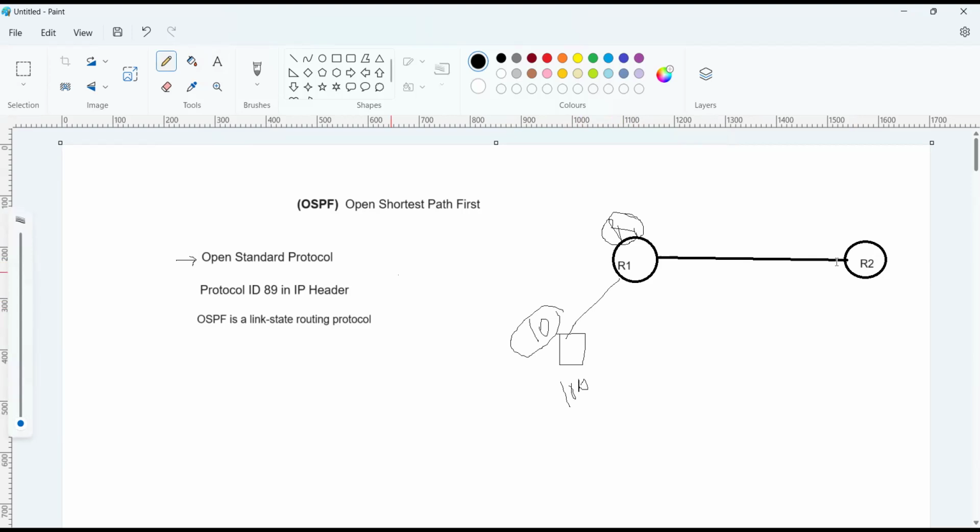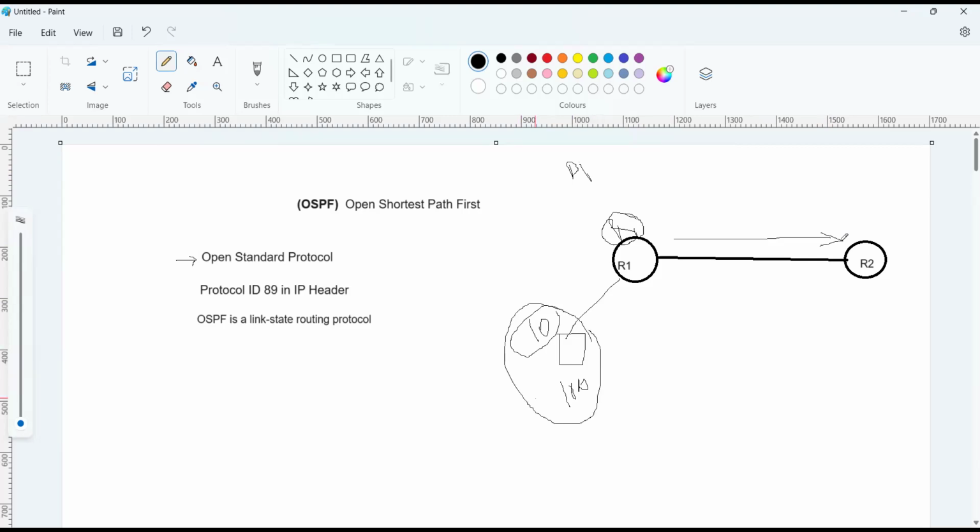So in link state, whichever changes occur, only those will be sent to the neighbor. But in a distance vector routing protocol, it will send the entire routing table.